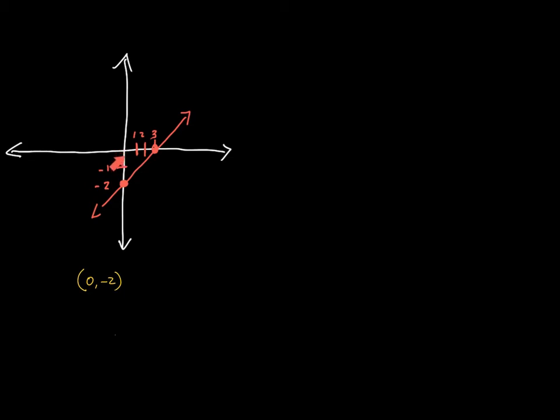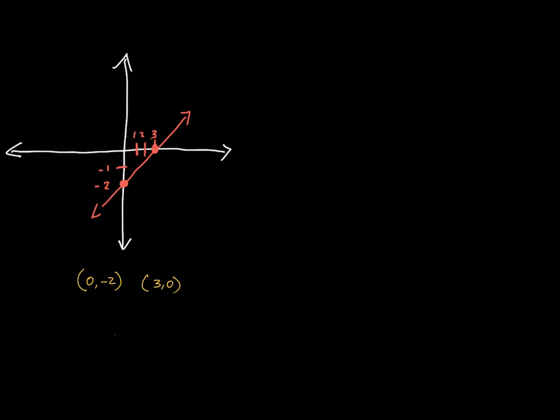So right here, we know that the x is 0 and y is -2. Now the next one is going to be your y is 0, and your x is going to be 3. So we're going to write that point down, and the next point is going to be 3, 0.